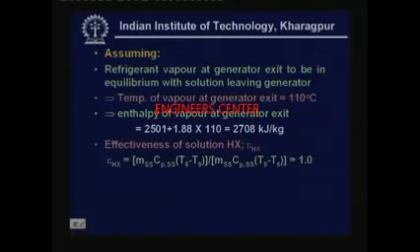As a result, the effectiveness is defined in terms of the strong solution flow rate and specific heat. So you can write effectiveness as m_ss into Cp_ss into delta T actual, which is T8 minus T9, divided by MCP of strong solution into delta T maximum, which is T8 minus T6.